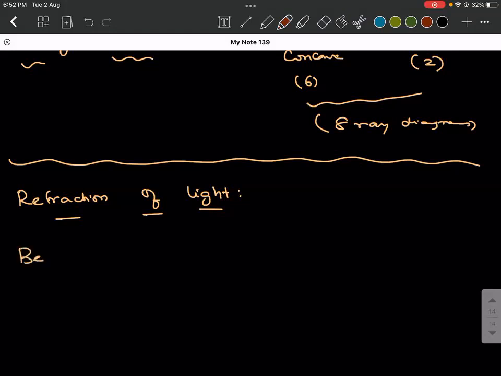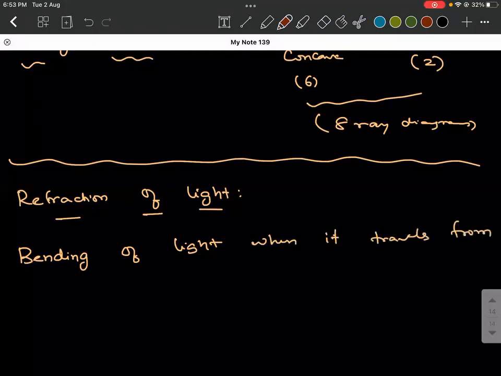It basically means bending of light when it travels from one medium to another. So when light is traveling from one medium to another, we can observe that it exhibits the property of refraction, where it starts bending.